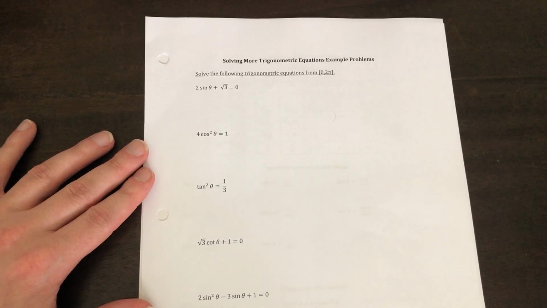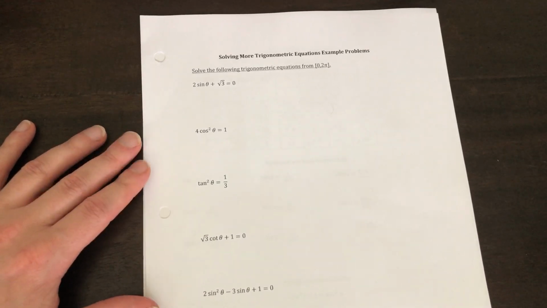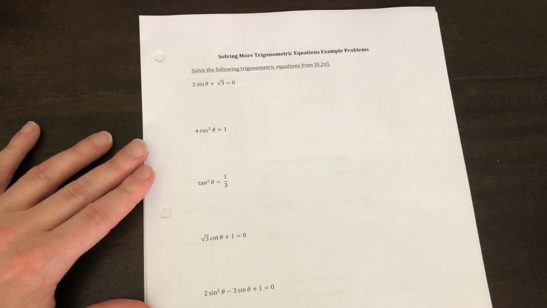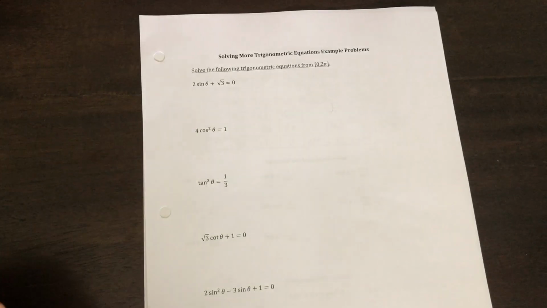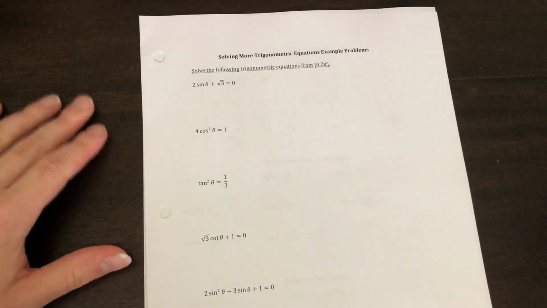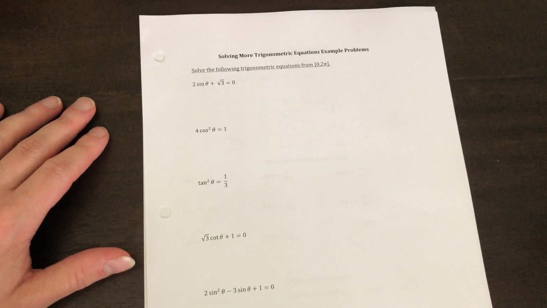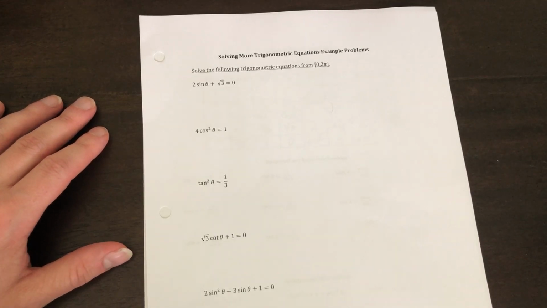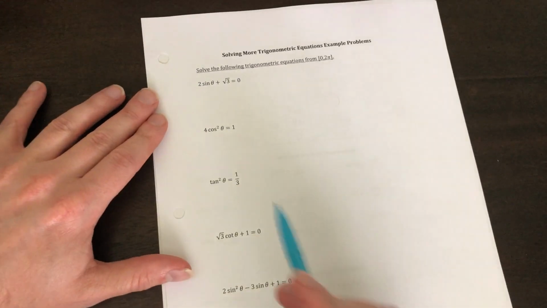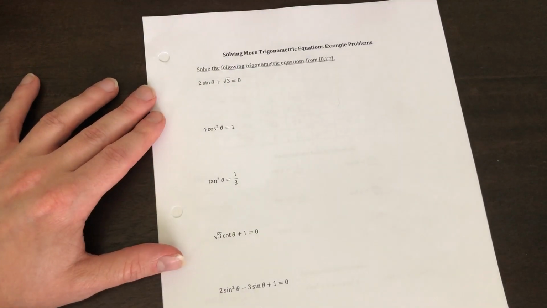Okay, so whenever we're doing these more complicated trig equations, when it's not just cosine is equal to a number, you always have to isolate the trig just like it's your variable in regular algebra equations. So we've got to get it into that form that we already learned.